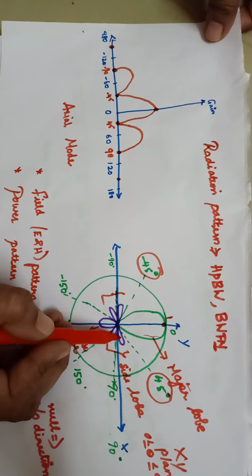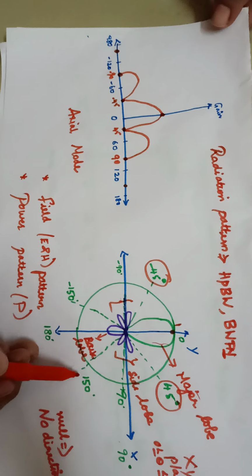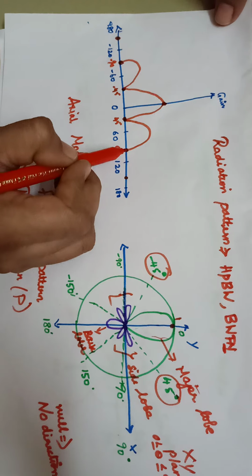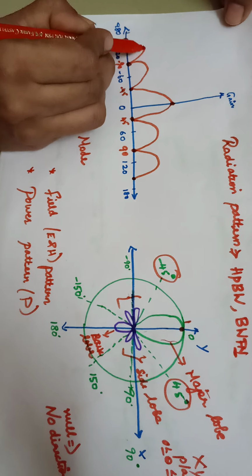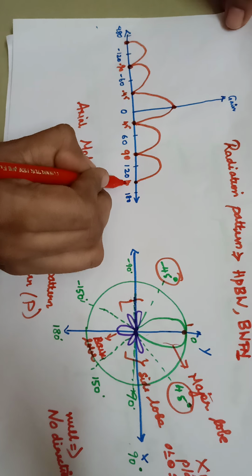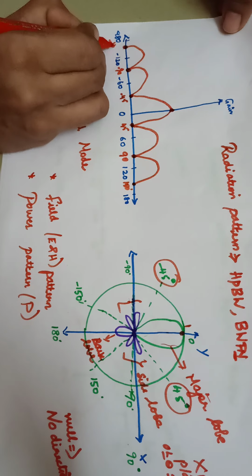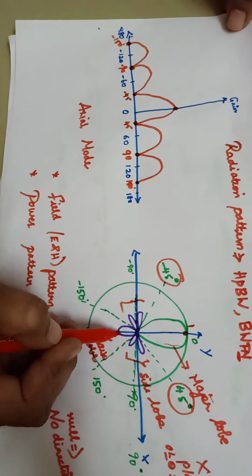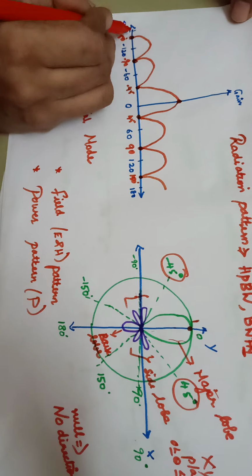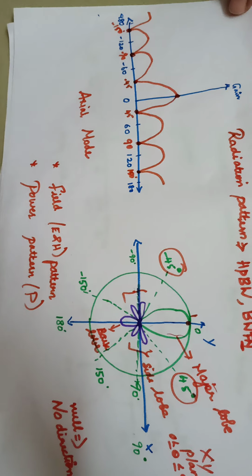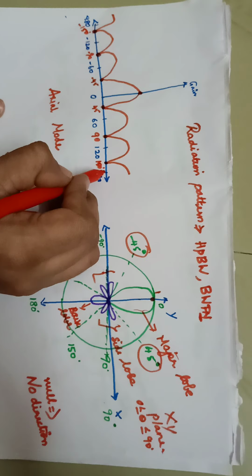Then the next angles are plus 150 and minus 150. Then finally, it is 180 degree; plus 180 and minus 180 degree is the back lobe. So like this I have drawn.